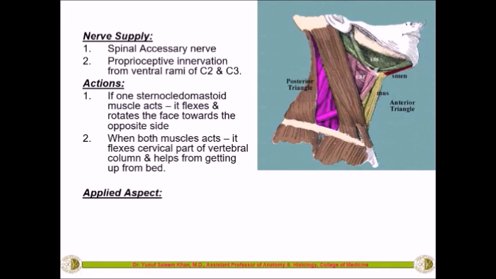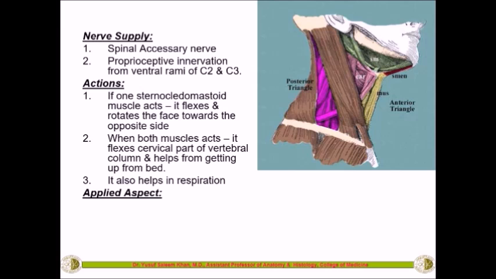When one muscle contracts, it will flex on one side and rotate the face towards the opposite side. When both muscles contract, the face will be in the midline, but it will flex in the midline. So this is how the action of the sternocleidomastoid can be explained.